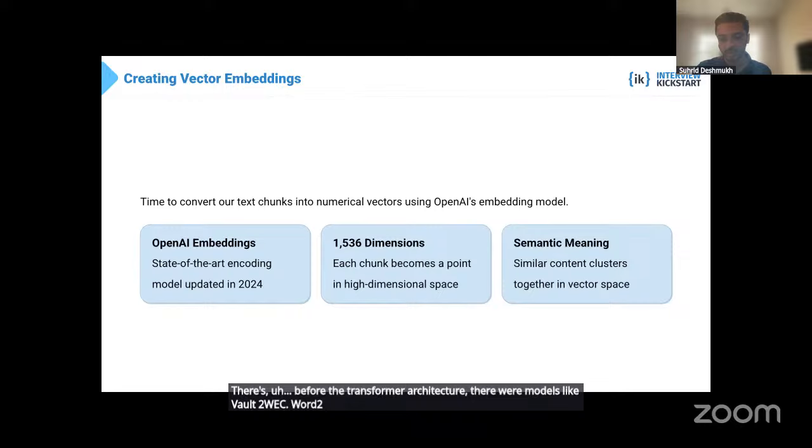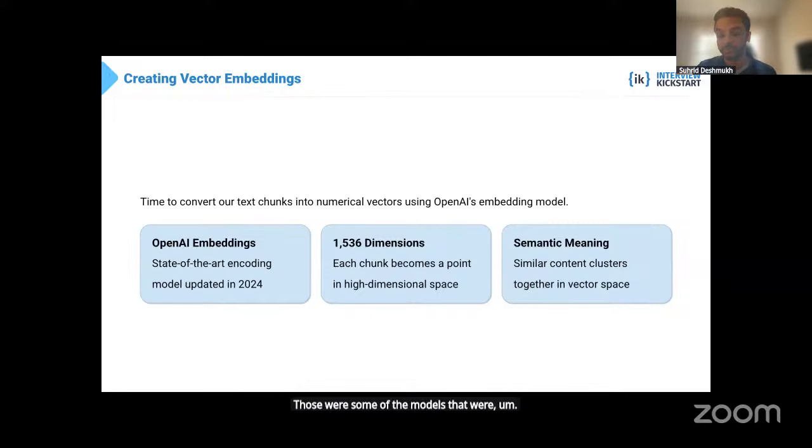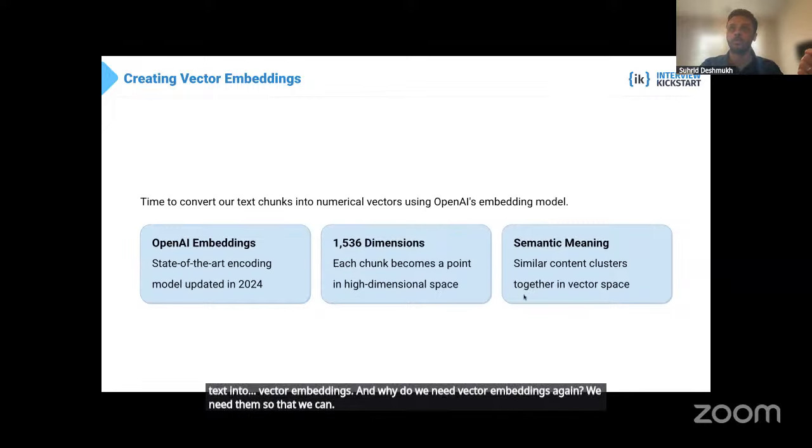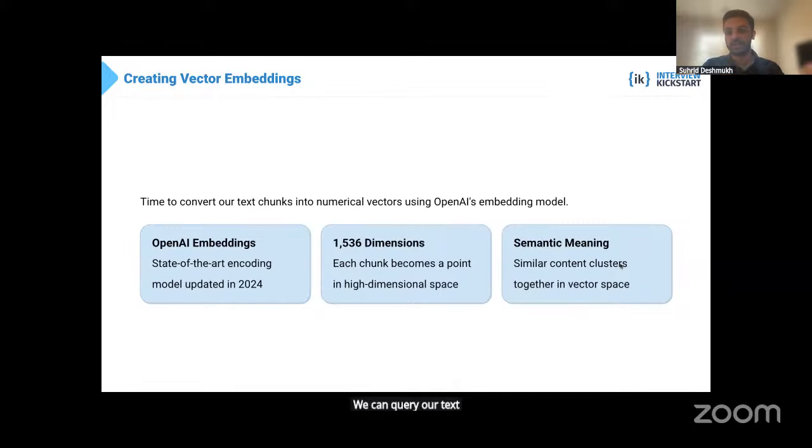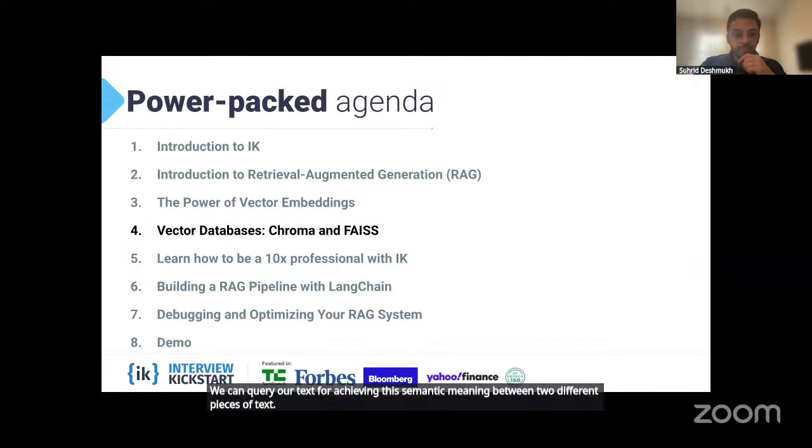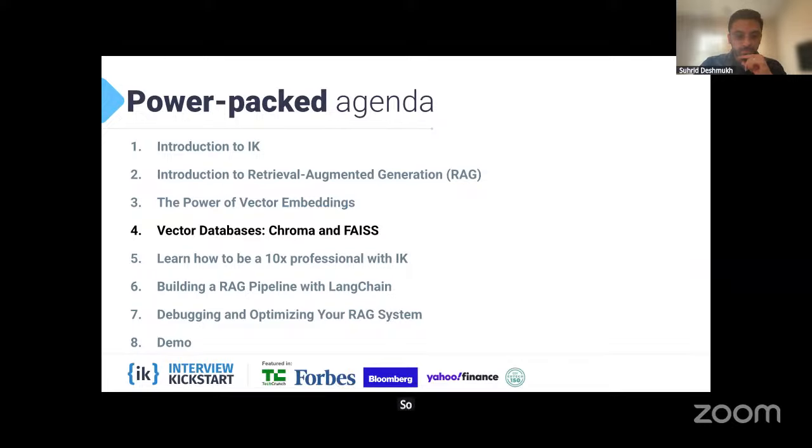Word2Vec, as the model name suggests, converts words into vectors. Those were some of the models that were before the era of transformers. But today we have open source models that essentially convert your piece of text into vector embeddings. And why do we need vector embeddings again? We need them so that we can query our text for achieving semantic meaning between two different pieces of text. So that's a little bit about vector embeddings.